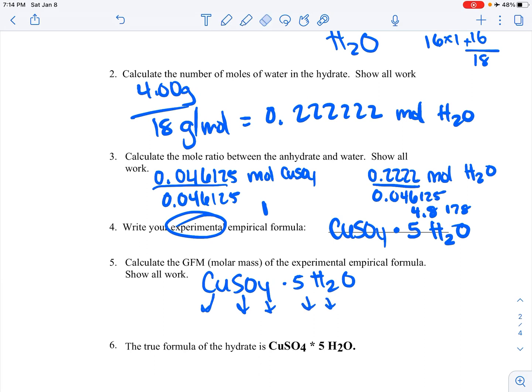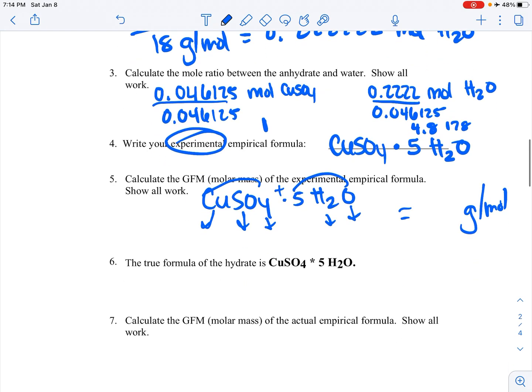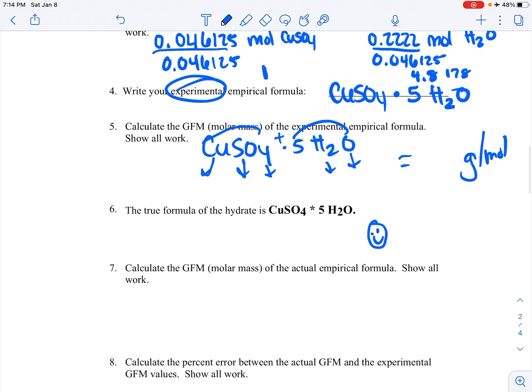Remember that you're going to add this plus this, and your units, remember, grams per mole. There's actually nothing to calculate here. But you can see that my calculations gave me the exact same formula as the true formula. And that might be the case for you too. So if you did get the same one, you could say see question number 5. If you had something different, you would calculate.